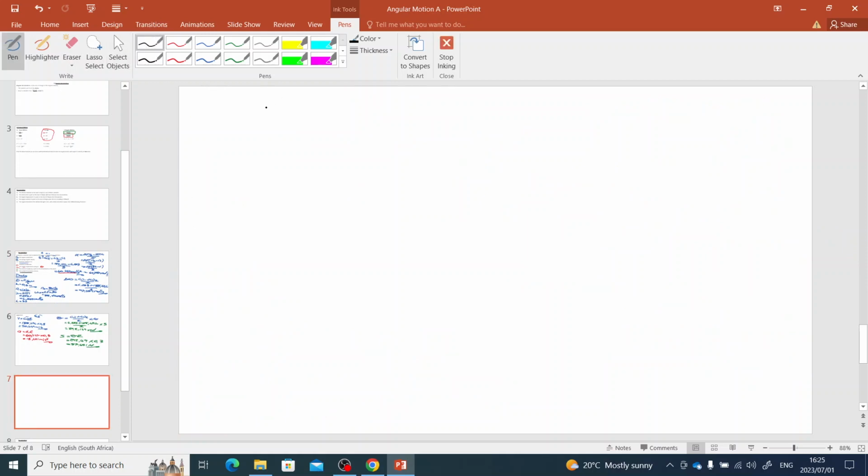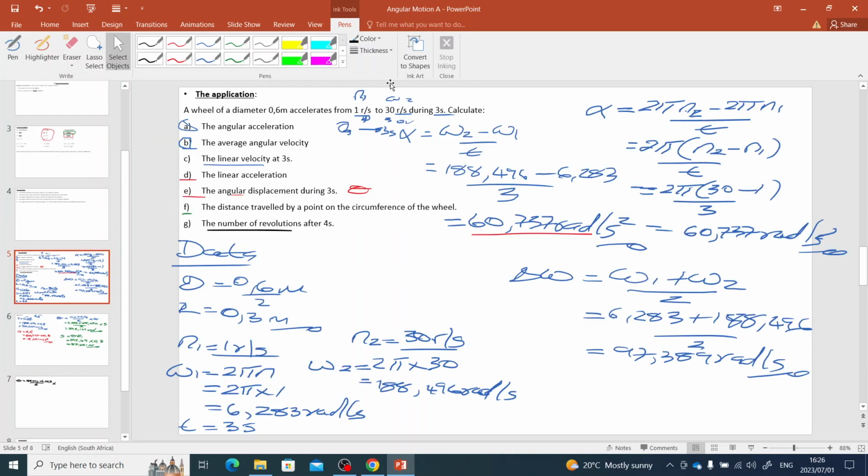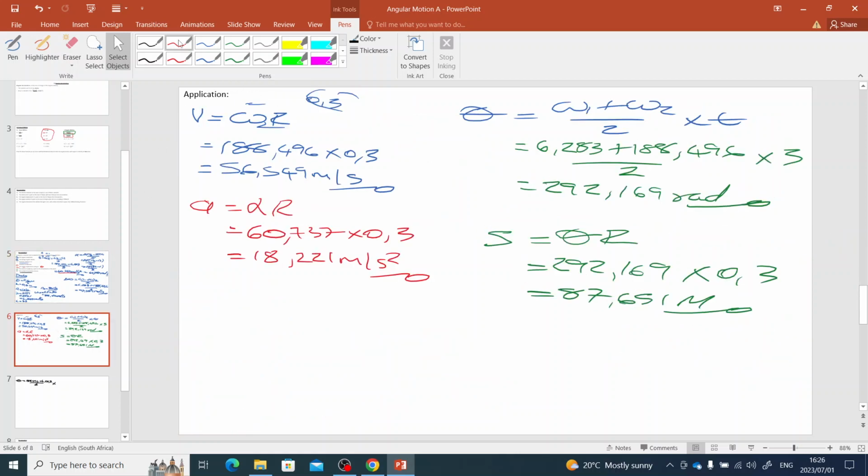The first one that we can use is this formula, as we calculated the angular displacement on number E. Now it is 188.496 plus 6.283 divided by 2, multiplied by, instead of multiplying by 3 like we did here, we will multiply by 4. Let's go ahead and multiply by 4.